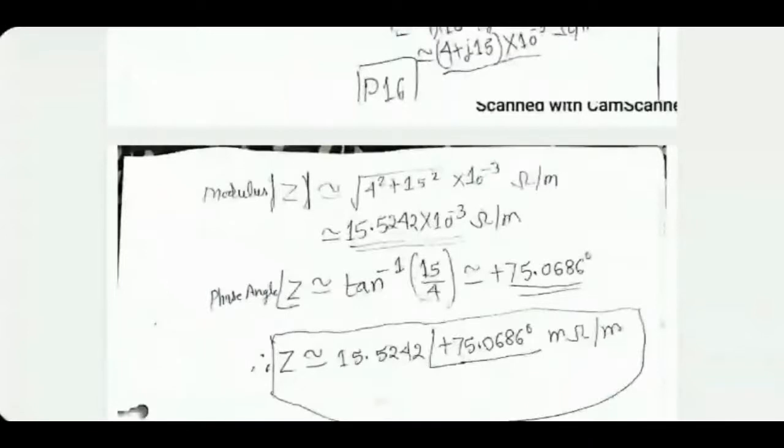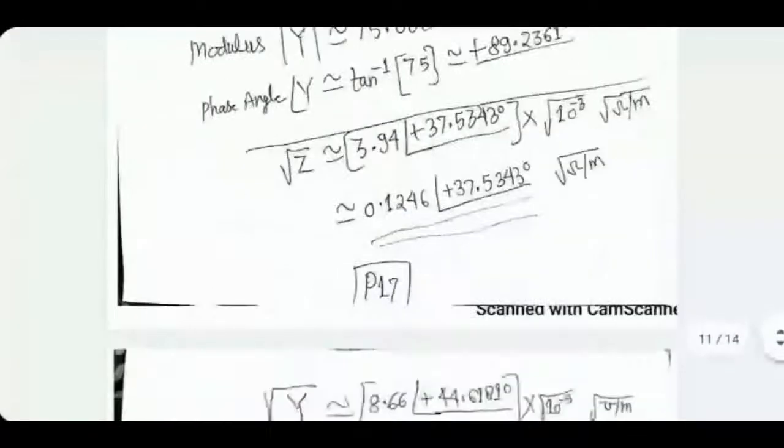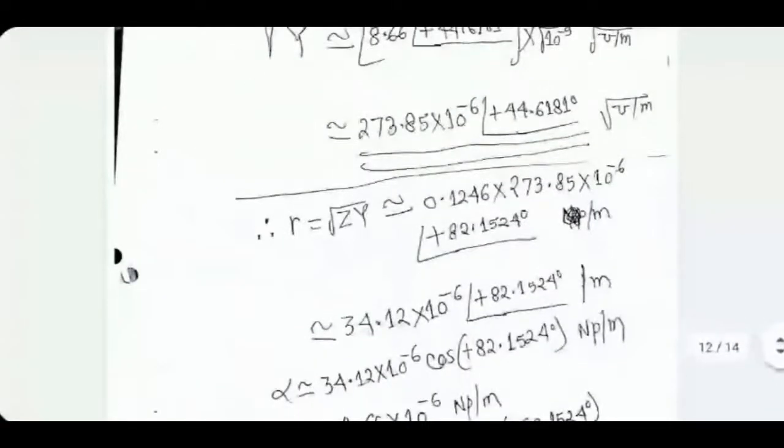So that 10 to the power minus 3 cannot be ignored. It has to be brought in to take the square root. Be careful there. Ideally, you should be calculating square root of Z simply as square root of ohm per meter. I've done that. I've been very careful in making sure I'm not messing up in these things.